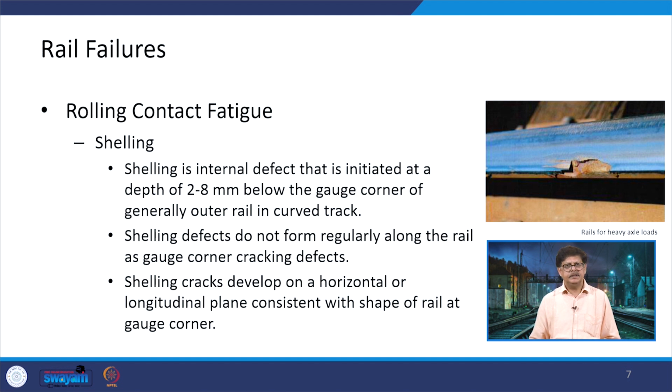Another one is shelling. Shelling is the internal defect that is initiated at a depth of 2 to 8 mm below the gauge corner. So, again if we talk about this, this is the gauge side where the wheel will be moving, then on the gauge corner 2 to 8 mm below, this is going to occur.